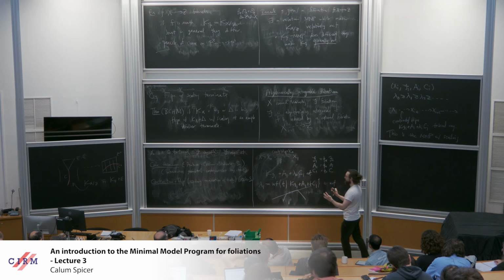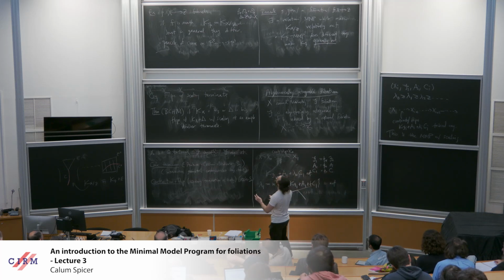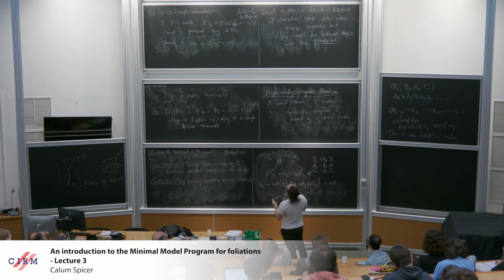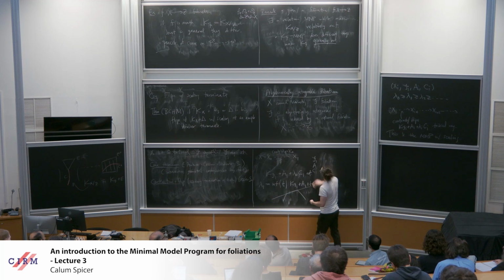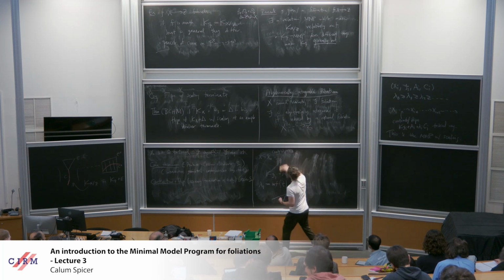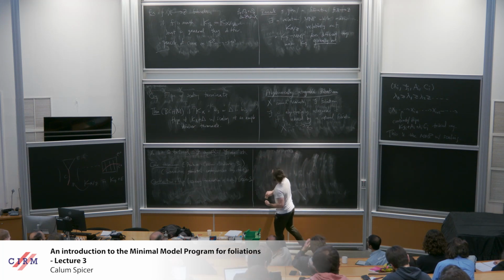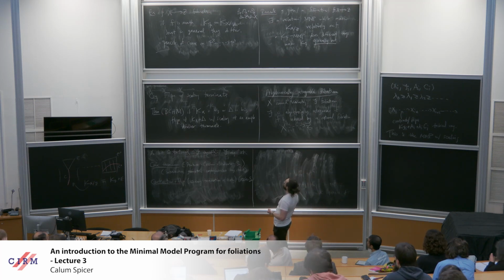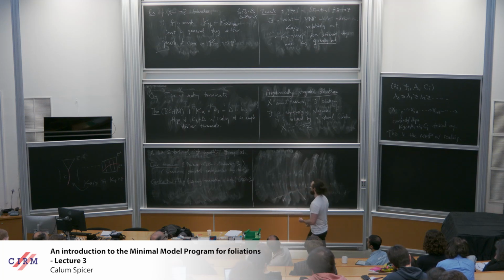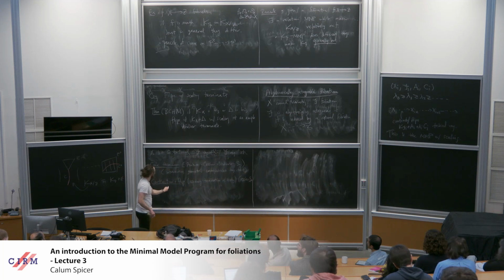So if you assume this conjecture, termination with scaling of an ample divisor, we could prove existence of flips and contractions. If you just assume that whenever you have a pair like this, foliated, termination with scaling holds.